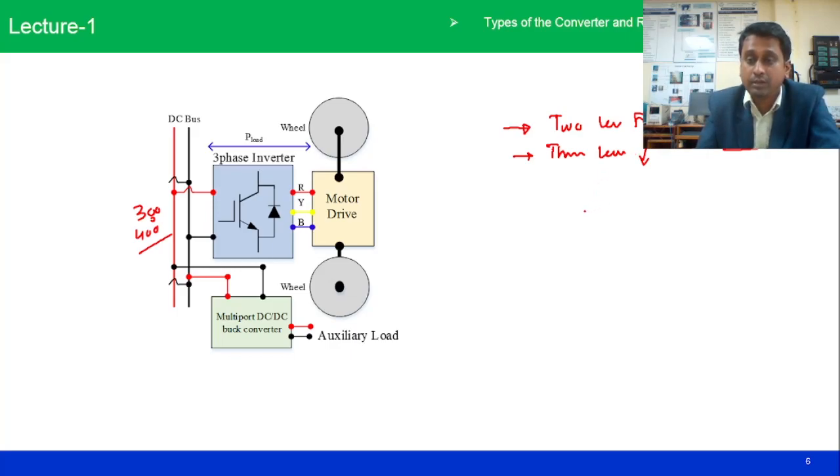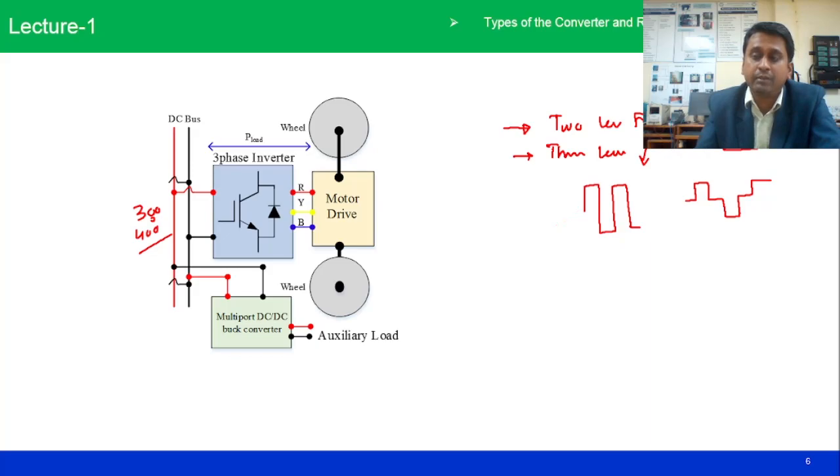In two level, the voltage level is either plus or minus, and in three level it can be 0, plus and minus. So this kind of voltage level can be easily achieved for this kind of lower rating motor drive, and we have MOSFETs, or IGBTs, available for designing this inverter, and it can be operated successfully at high frequency as well.